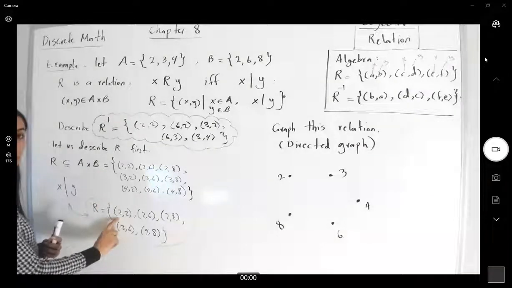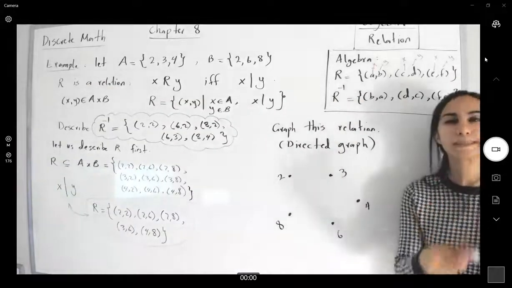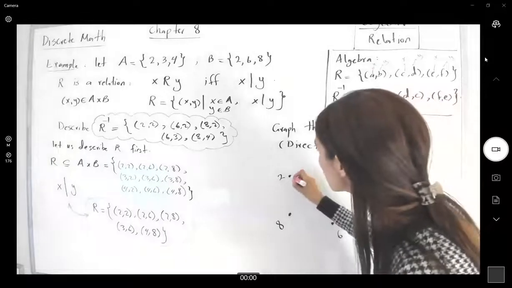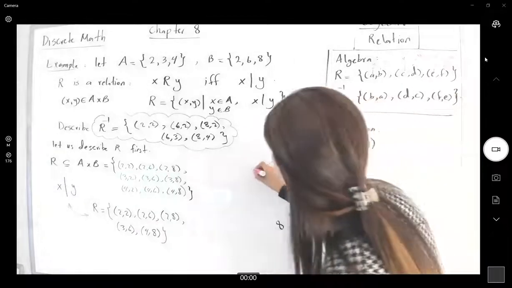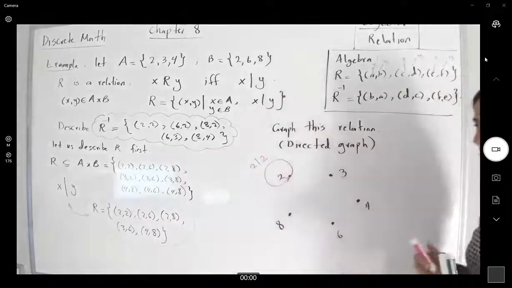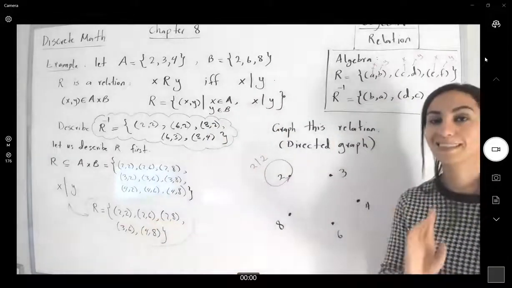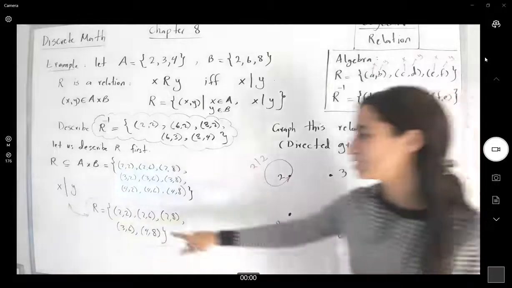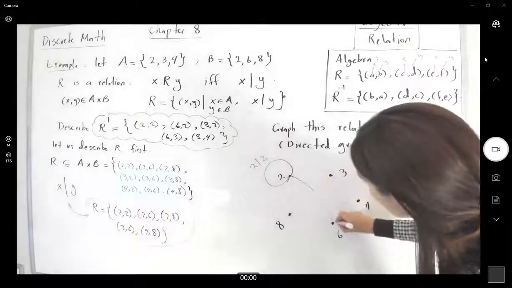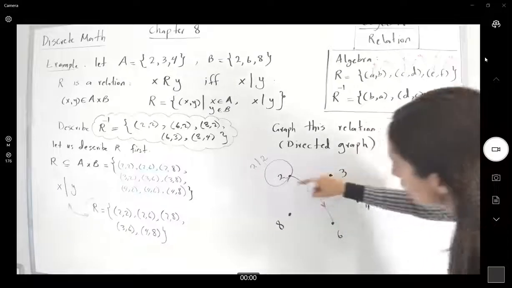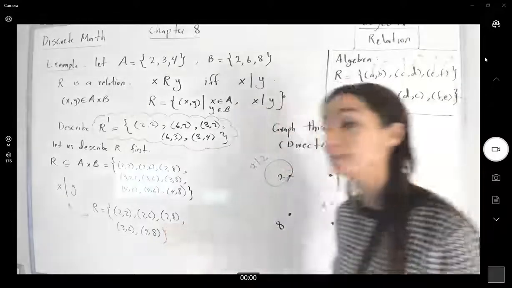Okay, so 2 is connected to 2. It means that we're going to use a loop representing this relation. 2 divides 2. 2 is related to 6, but note that 6 is not related to 2. 2 is related to 6, so we're going to connect 2 to 6 by an arrow coming from 2 and going to 6. 2 and 8.